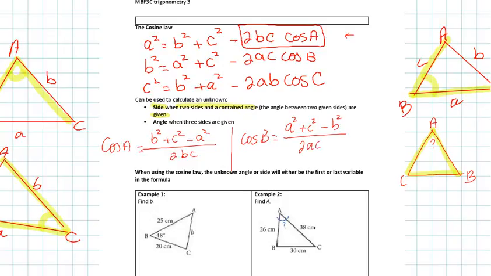So the way I remember it is always the B is going to be with a B at the end. The A is going to be minus the A squared. And then if you're looking for C, it will be cosine C equals B squared plus A squared minus C squared over 2AB or BA.